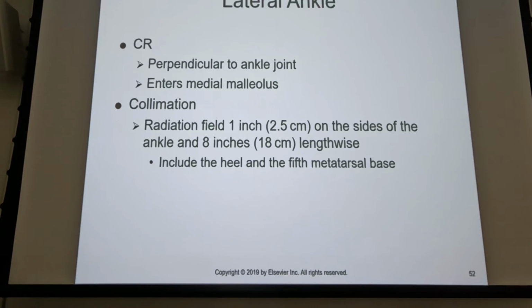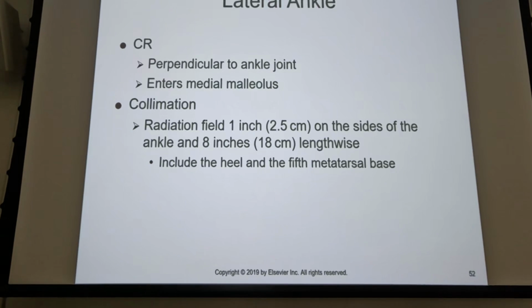This is a Jones fracture. What you'll get sometimes with an ankle injury is that tubercle off of the fifth metatarsal will break off. So if they ordered a foot and an ankle, they'll catch it.